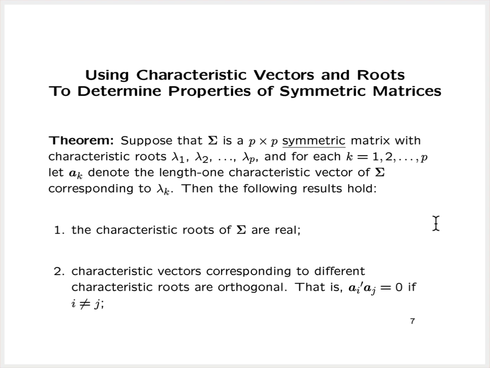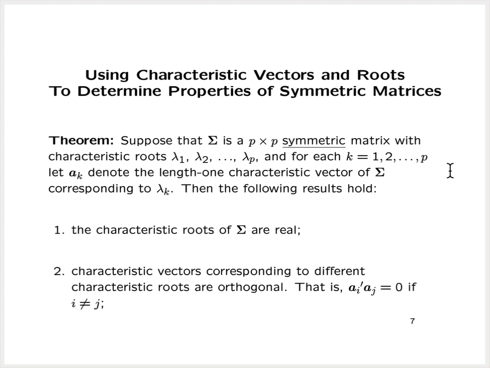Now, let's look at using characteristic vectors and characteristic roots to determine properties of symmetric matrices. So this is a theorem. This is an important result, and in a matrix theory class, this would be proven.